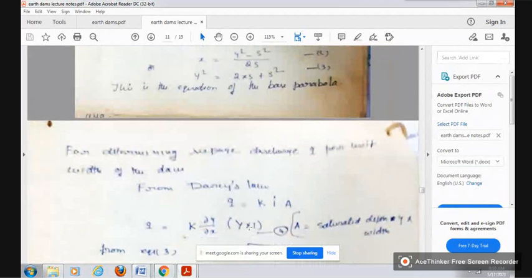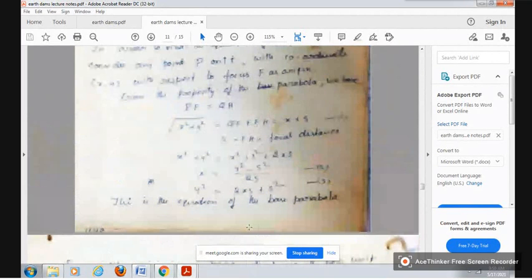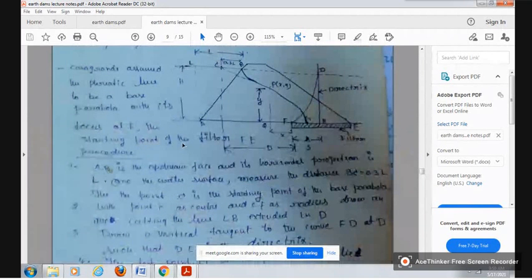So how can you determine the seepage discharge Q per unit width of the dam? Let us say I want to calculate the seepage taking place through this face.